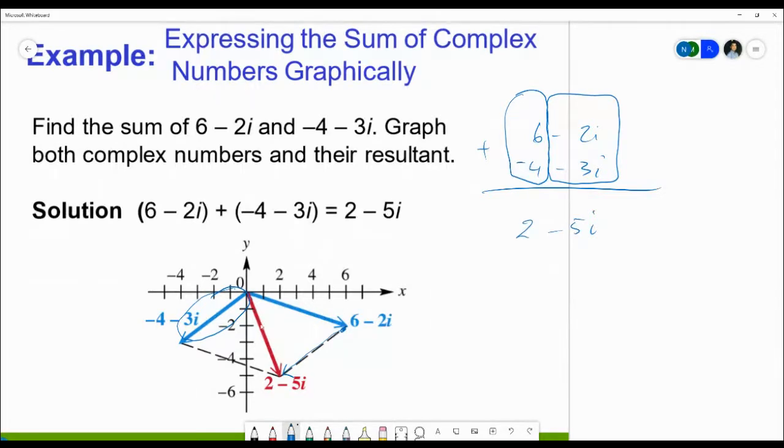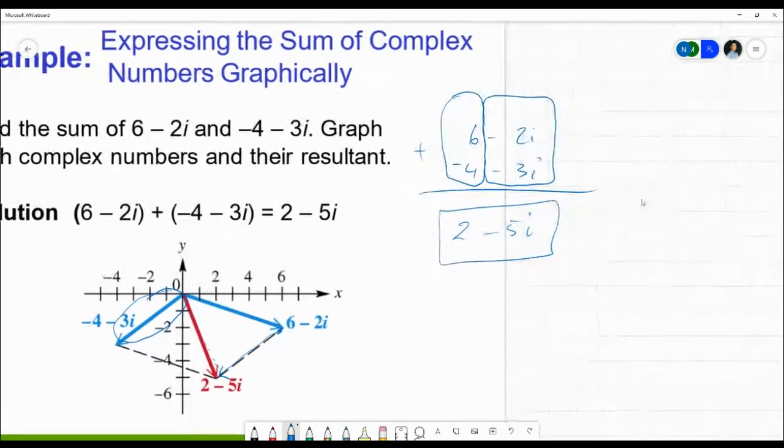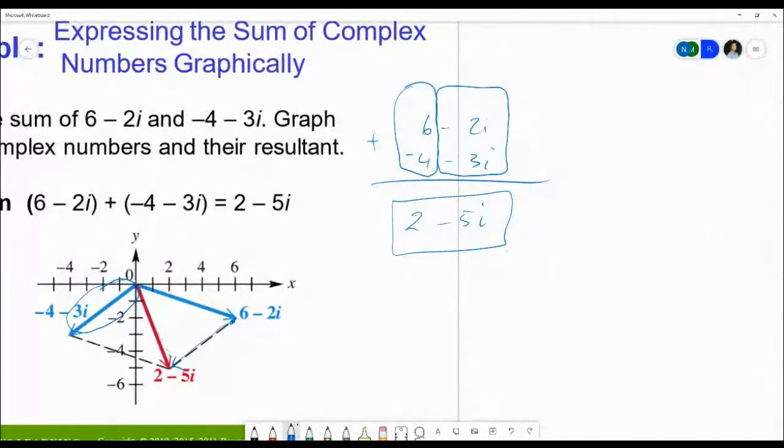And you can see the resultant vector is the value that we get after we added them. Okay?